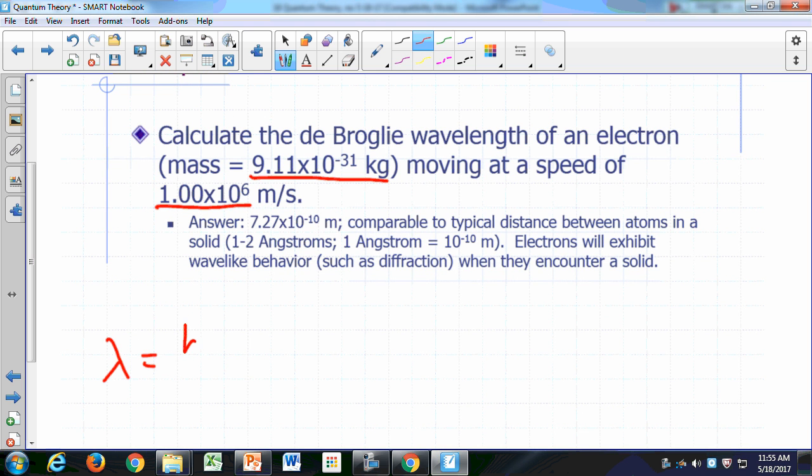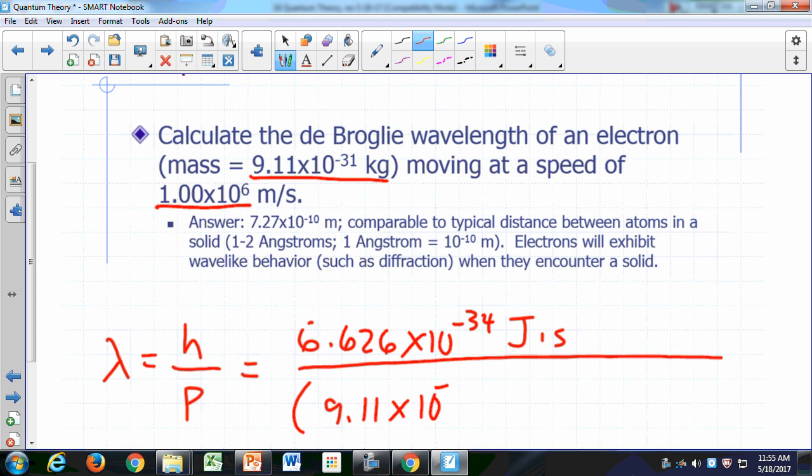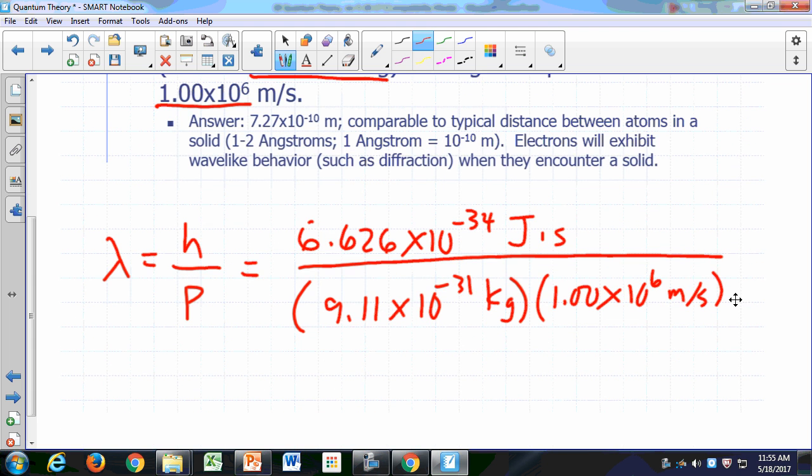Lambda is equal to h over p. h is 6.626 times 10 to the negative 34 joules times seconds, divided by our momentum, which is mass times speed, so 9.11 times 10 to the negative 31 kilograms times 1.00 times 10 to the 6 meters per second.